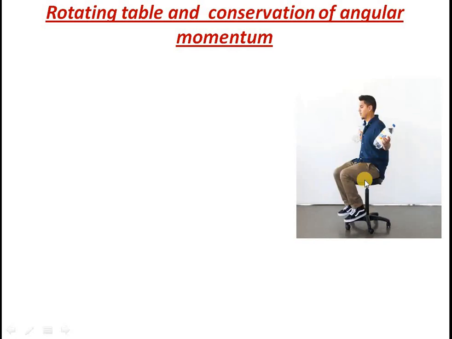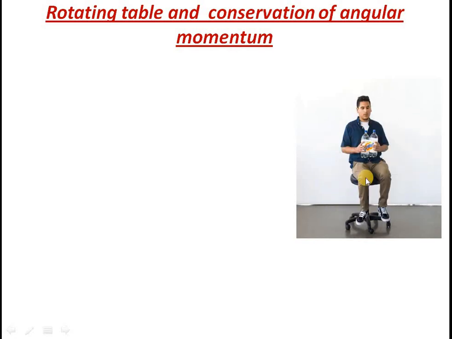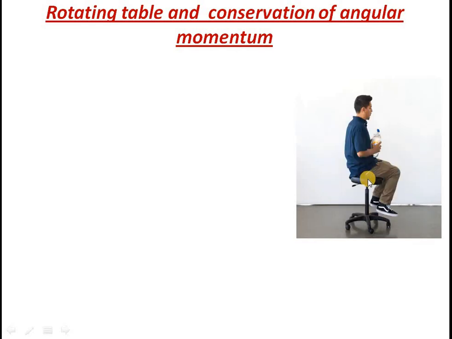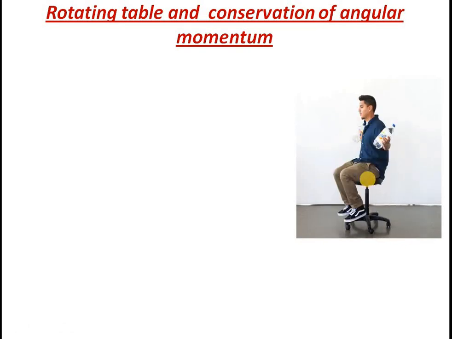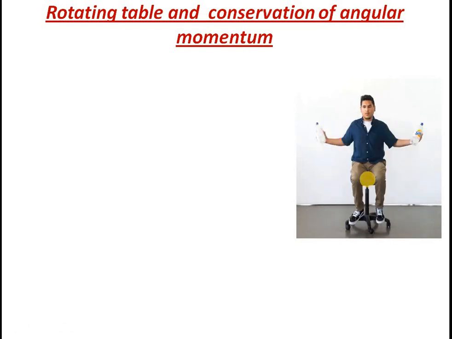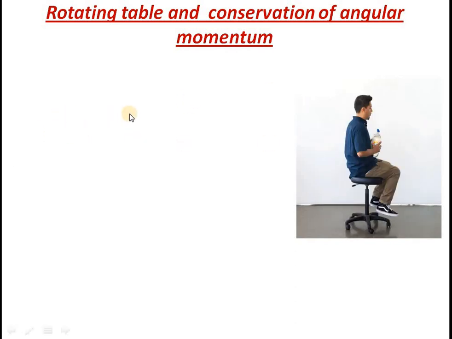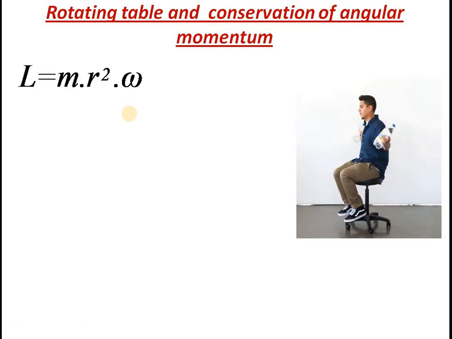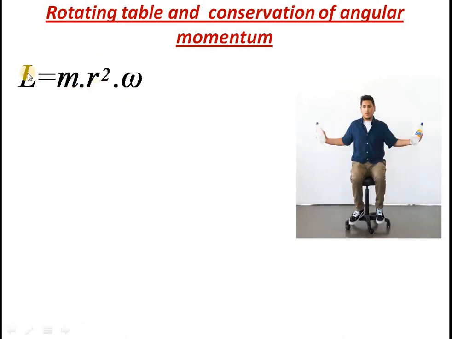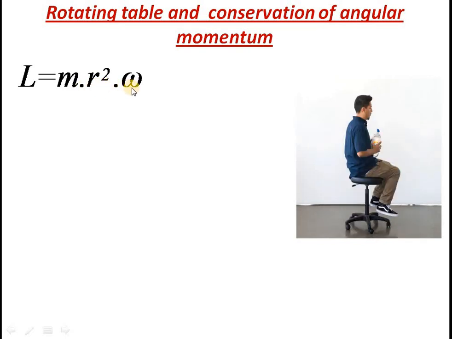So consider a man sitting on a rotating chair. Suppose no external torque is acting on it, or he is sitting on a smoothly rotating, frictionless rotating table. No external torque means its angular momentum is constant. So you can write angular momentum L equals m r squared omega.